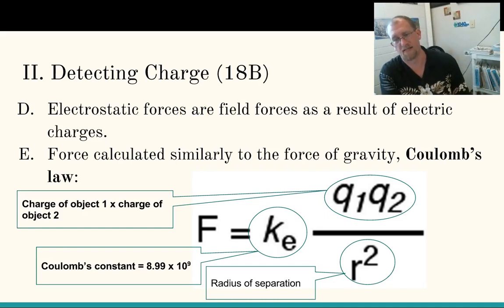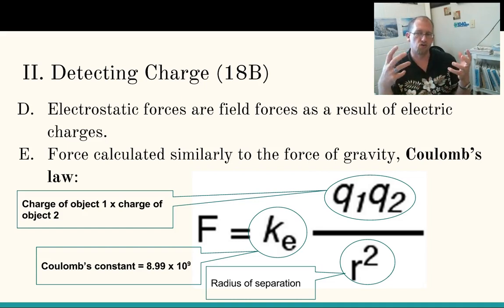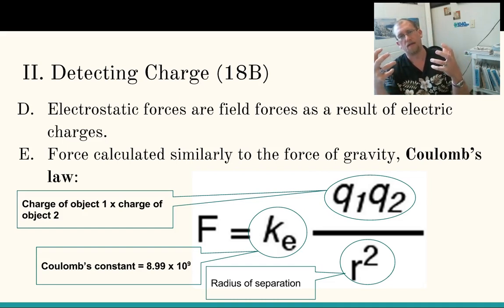Electrostatic forces. This is the one math equation that we have this chapter. So we can talk about the strength of the electric force between two objects, and the math that you use looks almost exactly like the math for gravity.